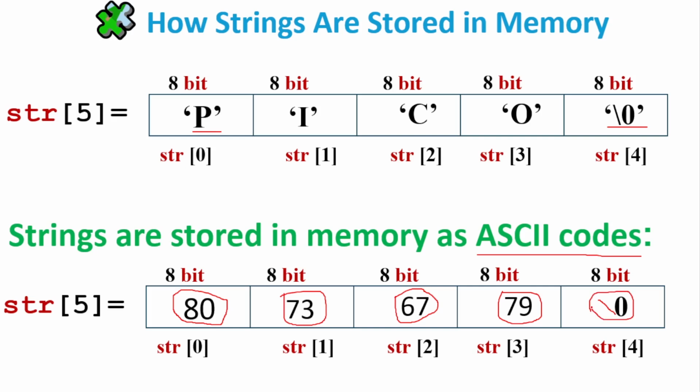So in memory, strings are always numbers, but C functions like printf display them as letters. This is important. Understanding this helps explain why working with strings in C is both fast and memory efficient.